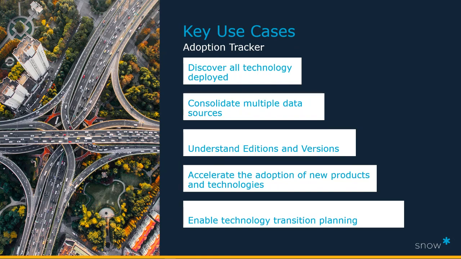Fourth, you can help the business with the introduction and adoption of new technologies and really help drive cost and resource efficiencies. And finally, be credible leaders of technology transition planning, having confidence in the data that supports those IT business making decisions.